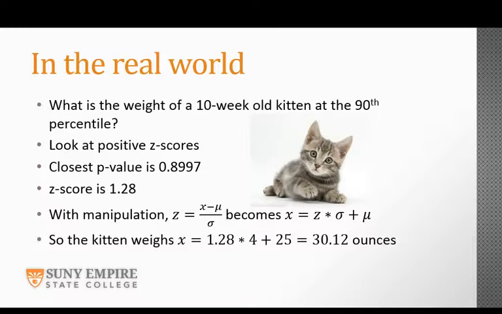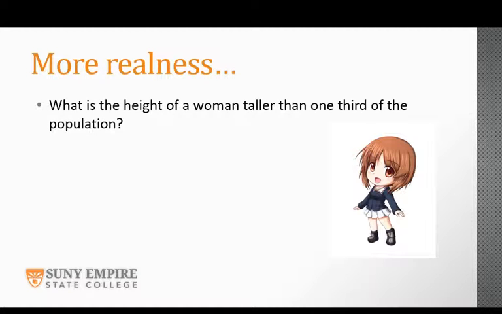Our kitten will have a weight equal to 1.28 multiplied by 4 plus 25. So our kitten weighs 30.12 ounces.